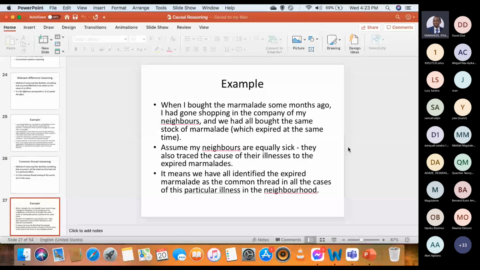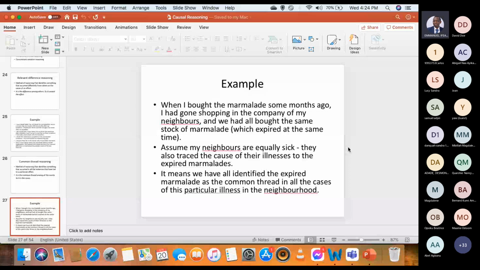And then you start looking for relevant difference in the others. No, you wouldn't. You just go ahead and test them straight away to see if they have this virus that you've discovered in this person. And then if you confirm that they all have the same virus, then you say, okay, this virus is the common thread running through all those suffering this epidemic in the community.